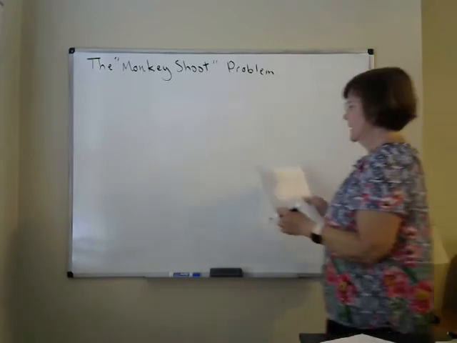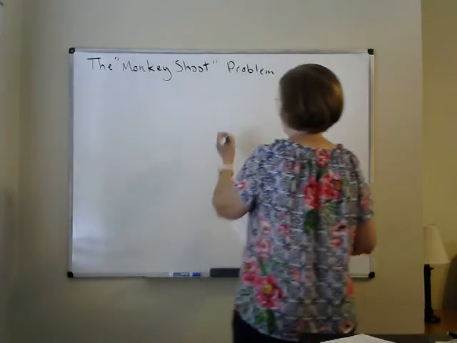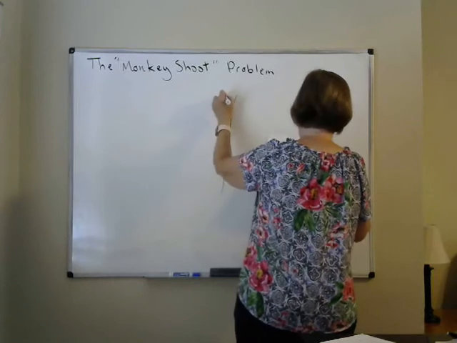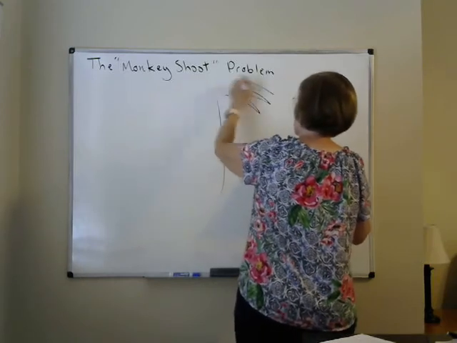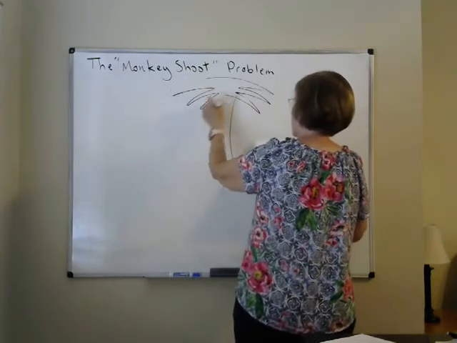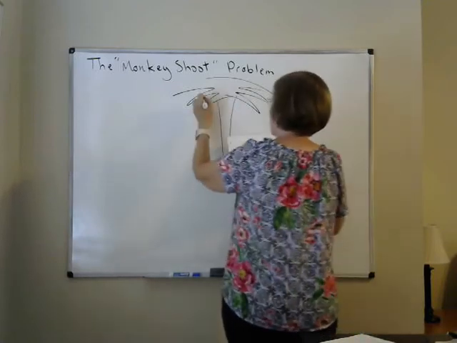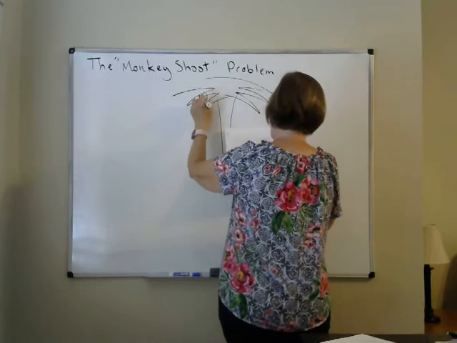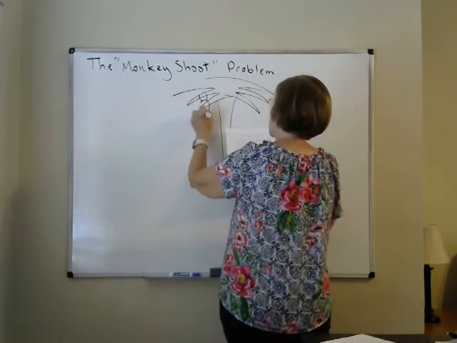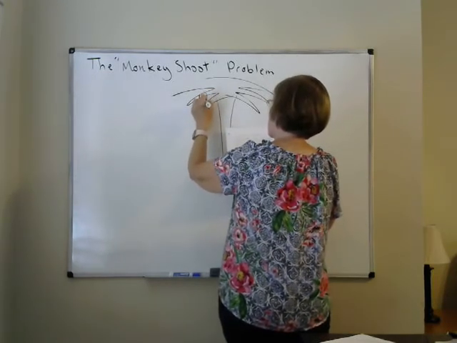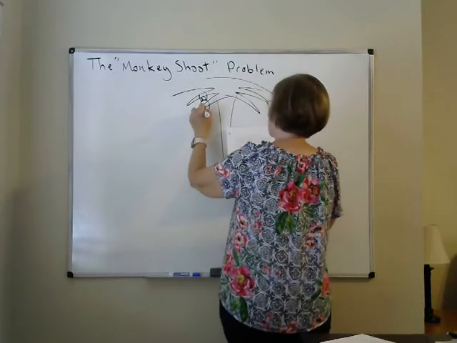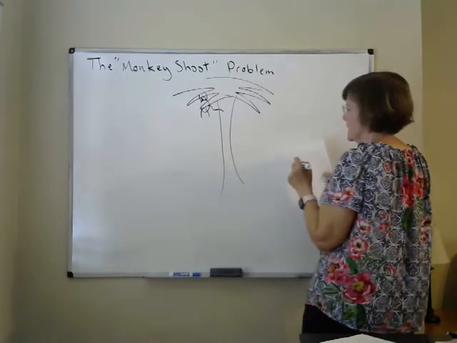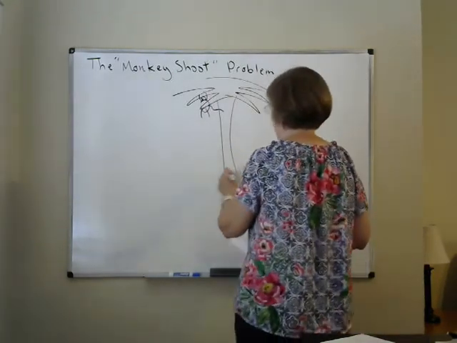So here's our problem. We've got a tree. Should get some green, do a little artwork. Hanging from one of these branches in my tree is a monkey. There's our little monkey tail. There he is. He's holding on for dear life.